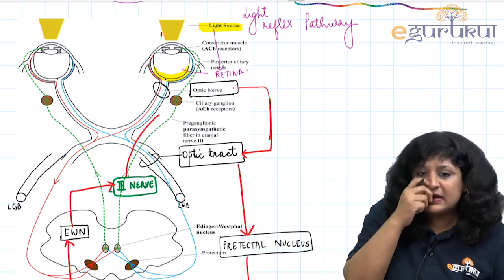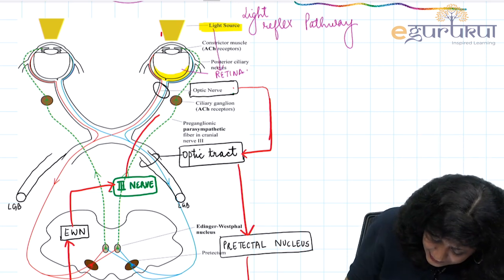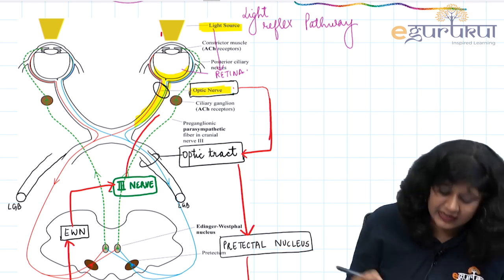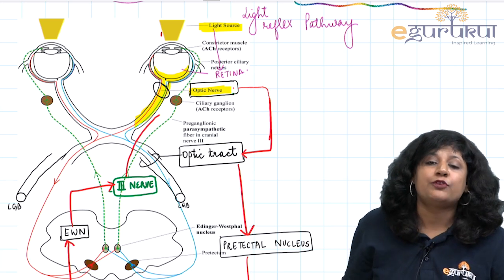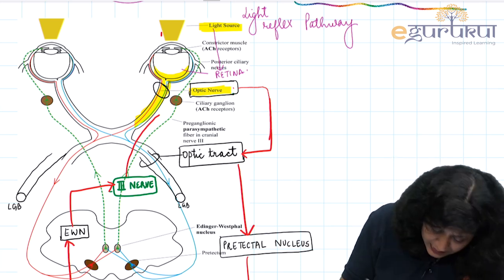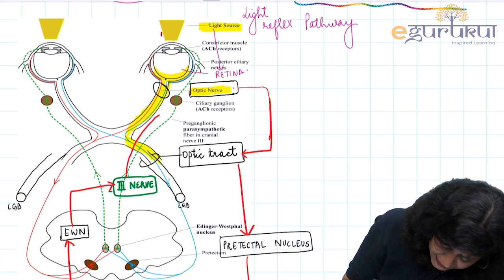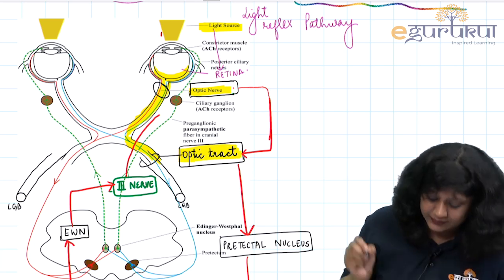From the retina, this will be taken up by the optic nerve, which is carrying the impulses, and from the optic nerve the impulses are traveling in the optic tract. So your next part will be the optic tract.